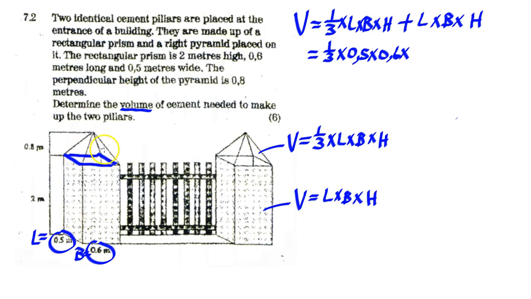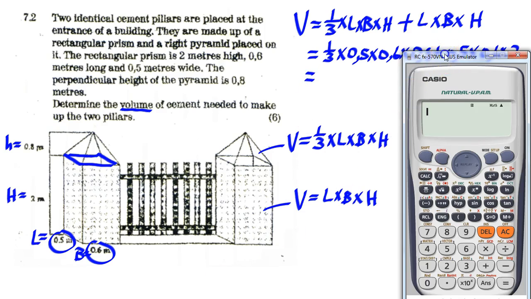Now let's look at the height of this pyramid. The height is equal to 0,8, times 0,8, plus. Now we're looking at the rectangular prism, so it will be 0,5 times 0,6 times the height, which is 2 meters for our rectangular prism, and that will equal to.